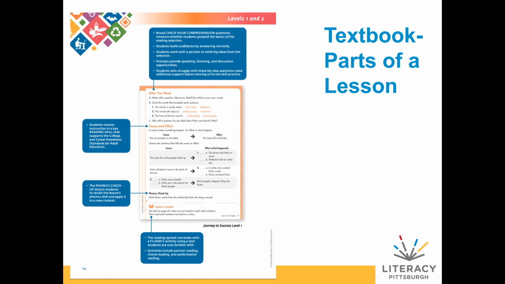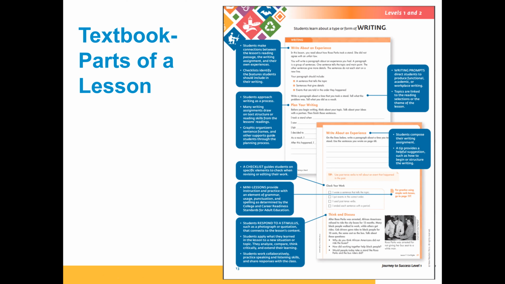It tells the students exactly what they need to include, a topic sentence, sentences that give details, and events that are told in the order they happen, okay? Then it gives them some structure for planning their writing. In this case, it's sentence starters. So they don't have to come up with how to start the sentence, but they may need some help thinking about a time that they took a stand, right?